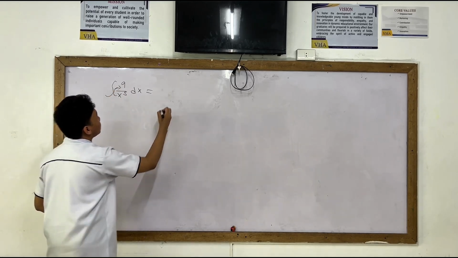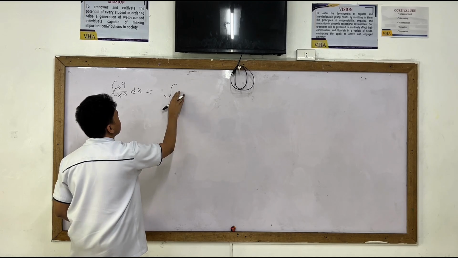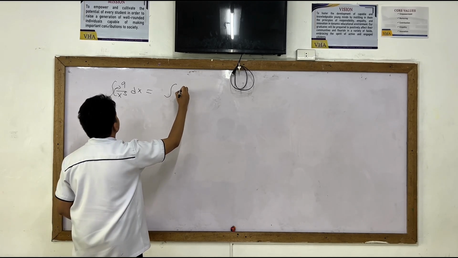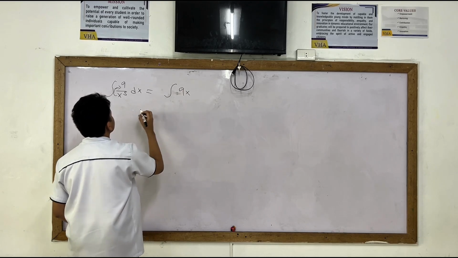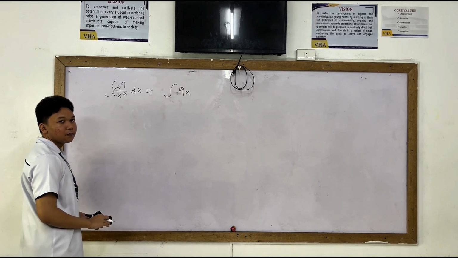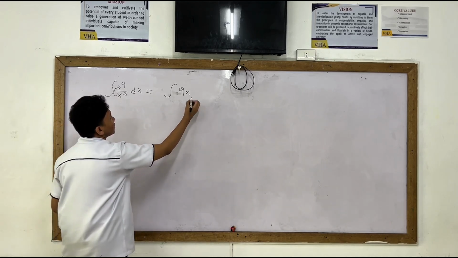So we have the indefinite integral of 9x raised to, since we have moved the variable to the top, the exponent will be negative.